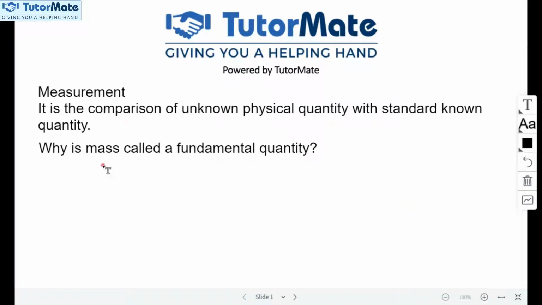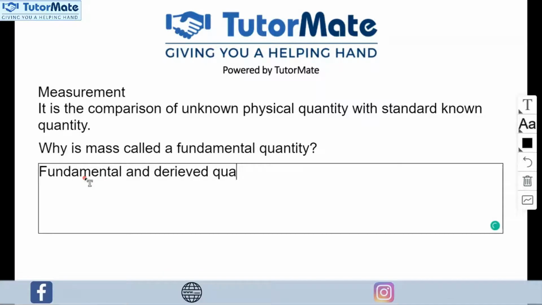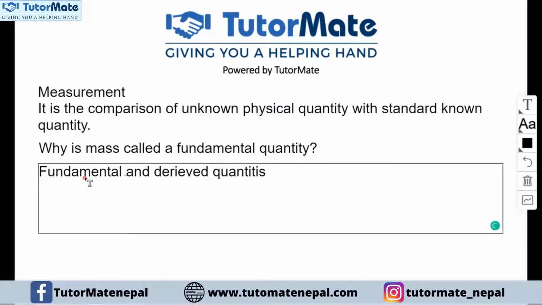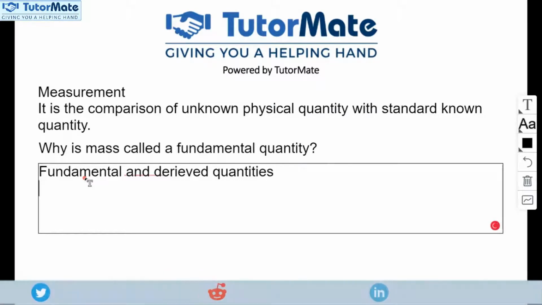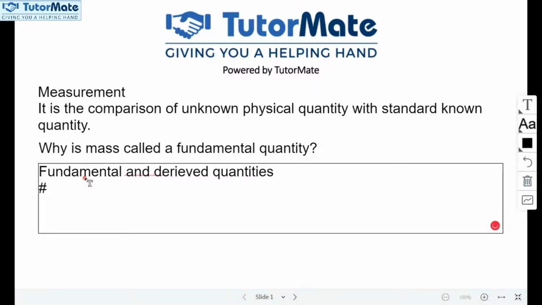So before that, I will write the definition. Fundamental and derived quantities. The first one is fundamental quantity.